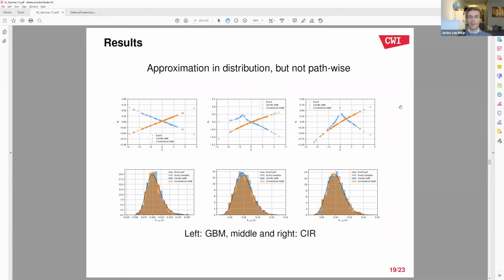If you only look at the bottom histograms, you would say, oh, I found an approximation in distribution. But actually, you have not found a strong solution, because all these maps correspond differently to a solution. If you put in a random number, you may get out a different number than what the SDE prescribes, given that Brownian motion. So we get an approximation in distribution, but not pathwise.